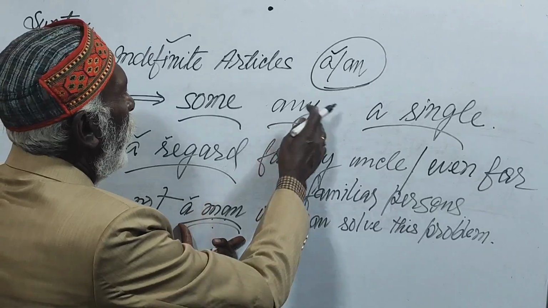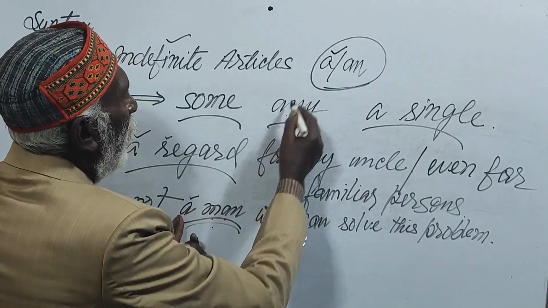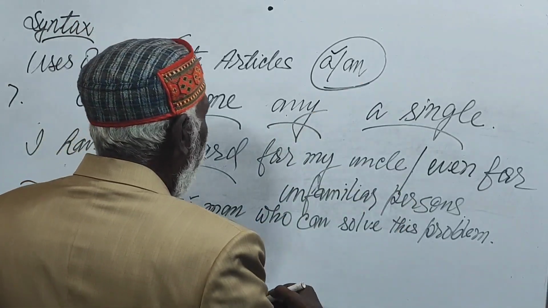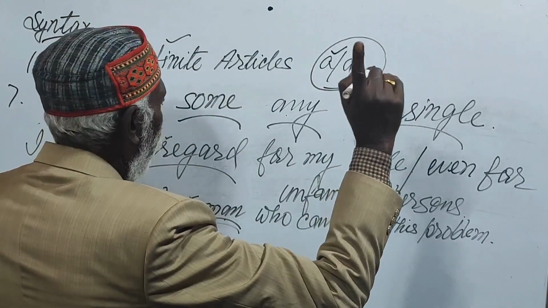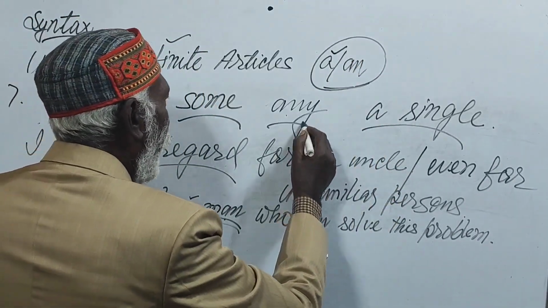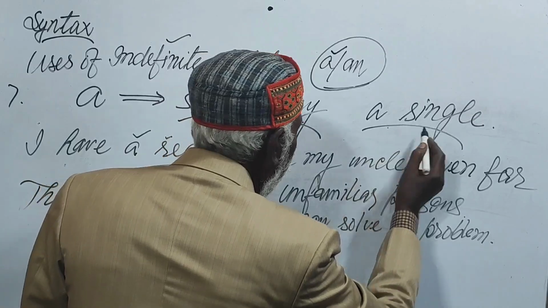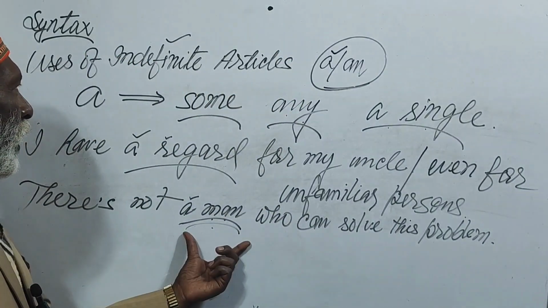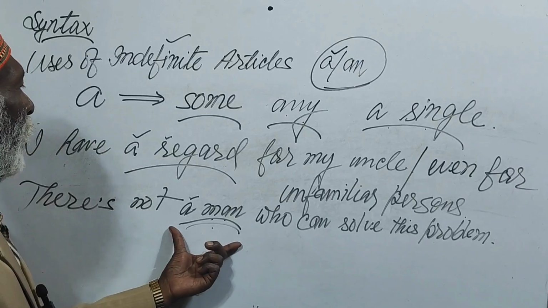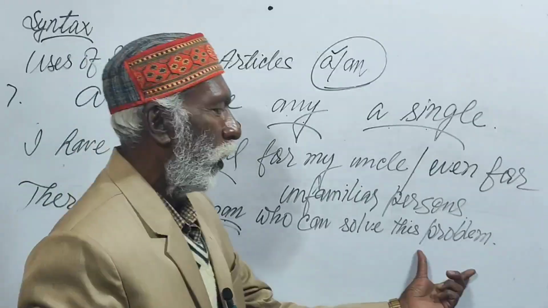A man means any man. Not a single man, एक single man. In the sense of any, in the sense of a single. There's not a single man, not any man, who can solve this problem.